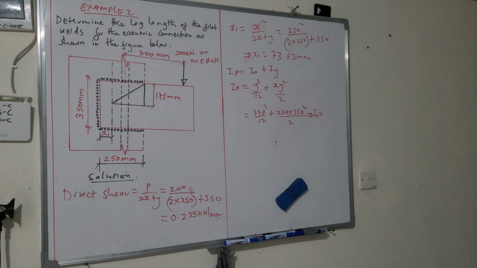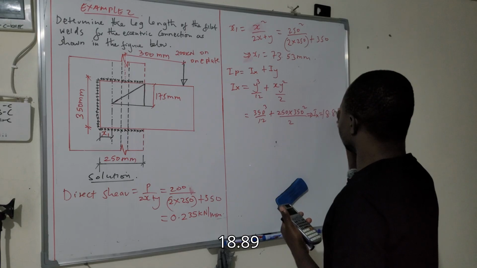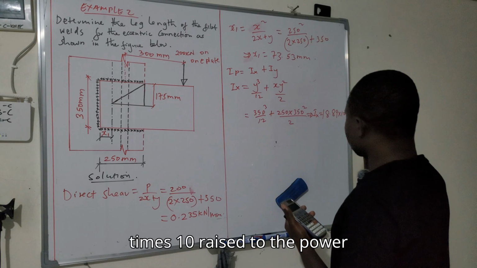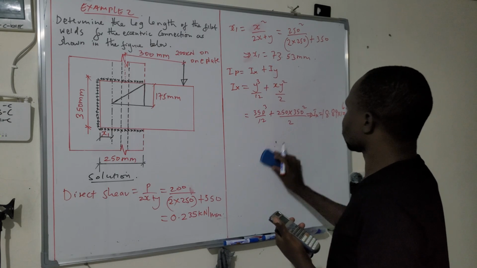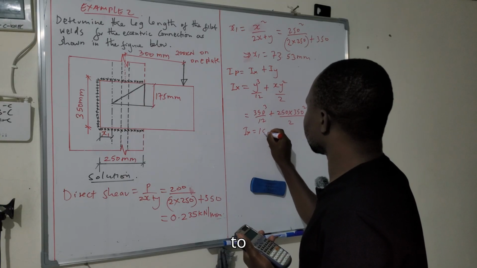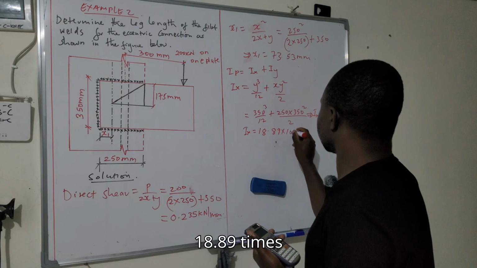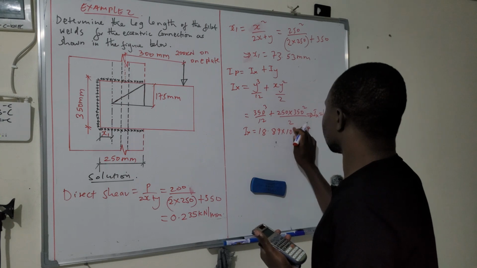Ix is equal to 18.89 times 10 raised to power 6 millimeter to power 4.